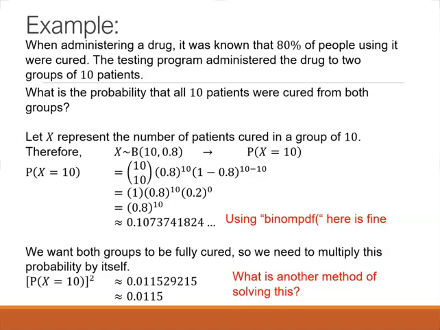So instead of thinking of this as 2 separate binomial experiments, what if I thought about it as one binomial experiment with 20 trials where I was looking for 20 successes? I could do that and it's still going to give me the same answer. So you could have done that also. This is the more natural way of thinking about it, but the other way is still correct because of independence.